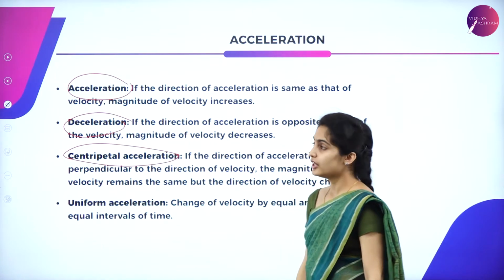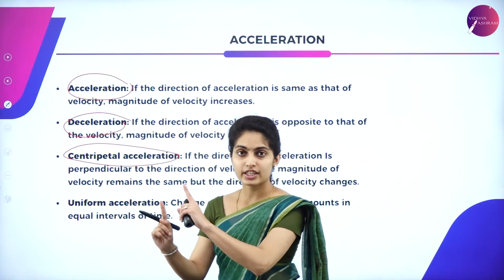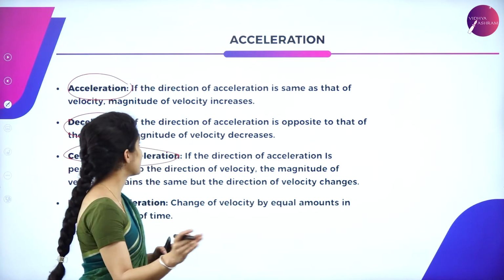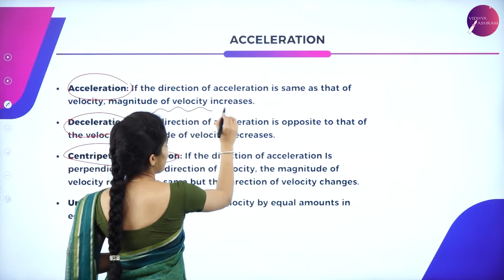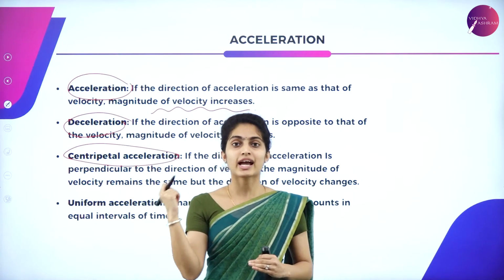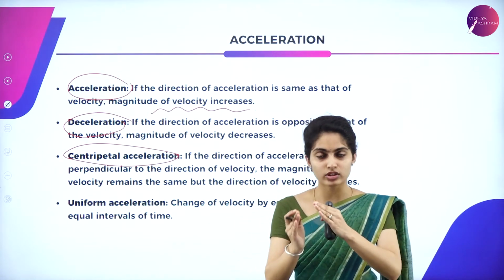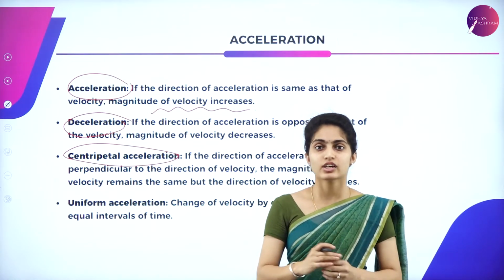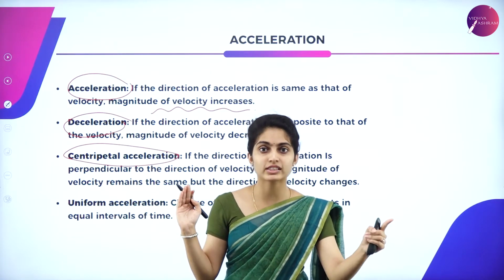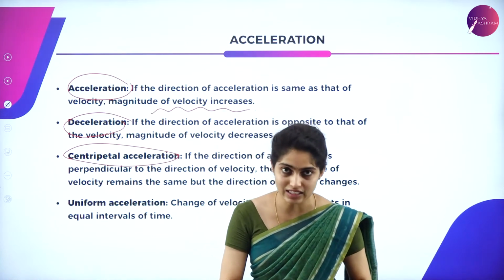If the direction of the change in velocity is in the direction of the velocity itself, then the magnitude of velocity increases. When the velocity increases, it is said to be acceleration. So the body is said to be accelerated, that is, undergoing acceleration.